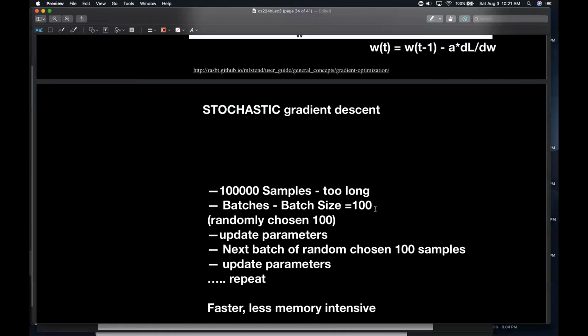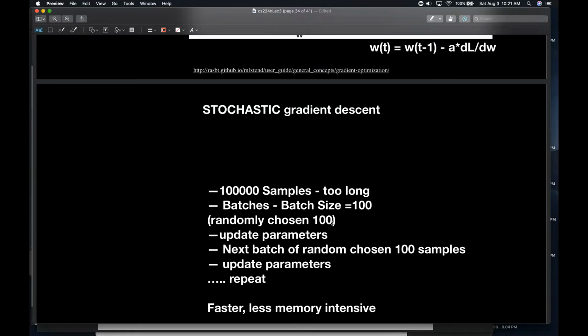And the biggest benefit is that it makes things go super fast, because you don't have to wait for calculating the gradient on this huge delta of loss by delta of the parameters, which is going to take a lot of time, whereas you're doing this at a much smaller scale.